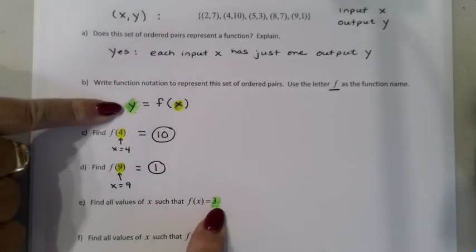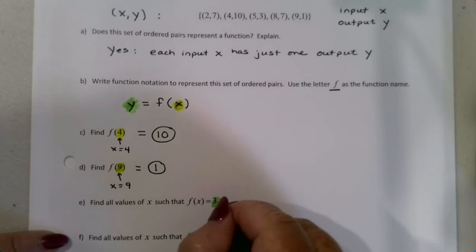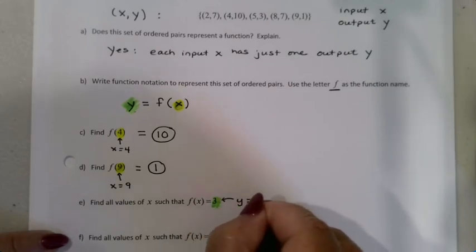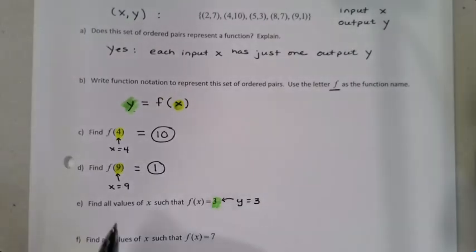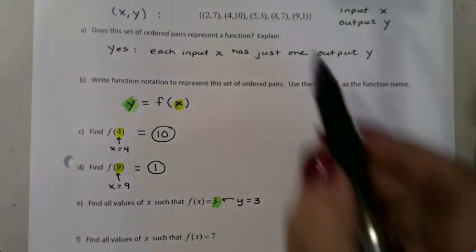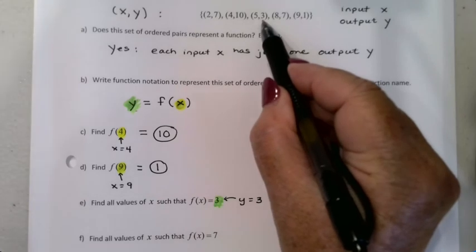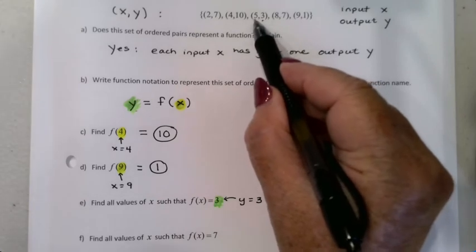It's on the equal side. It's not on the f of x side. So what's happening here is I'm being told that y equals 3, and I need to find the value of x. Well, looking back at my list of ordered pairs, right here I see a y value of 3. And in that case, x is 5.